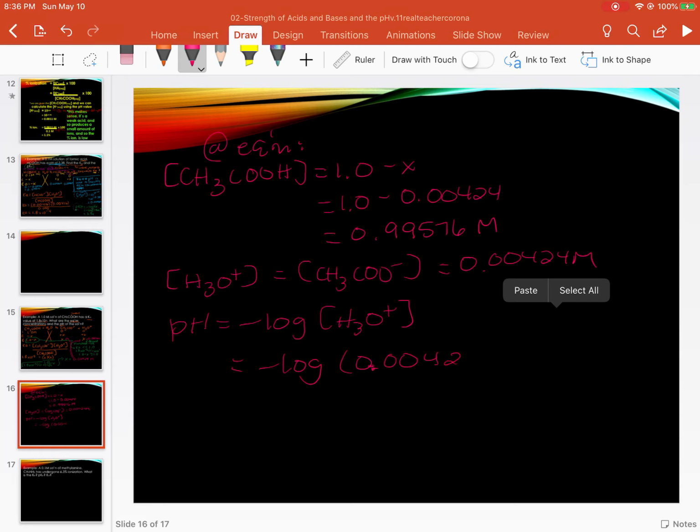Should be acidic, but not too acidic. 2.37. Okay, so you can check the logic of your answers here, that it's acidic, but not too acidic.